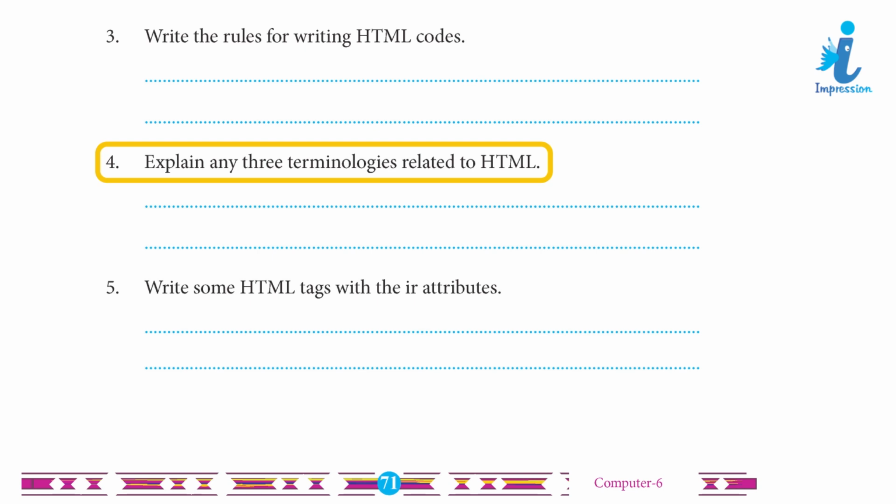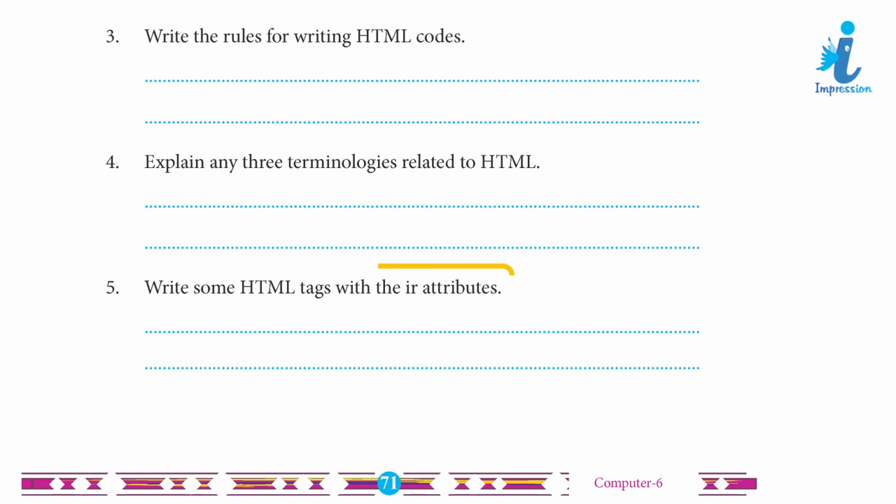The three terminologies related to HTML are hypertext, markup language, tag. 5. Write some HTML tags with their attributes. Answer. Empty tag. A tag that only contains an open tag and no closing tag is called an empty tag. For example, BR, HR and many more.